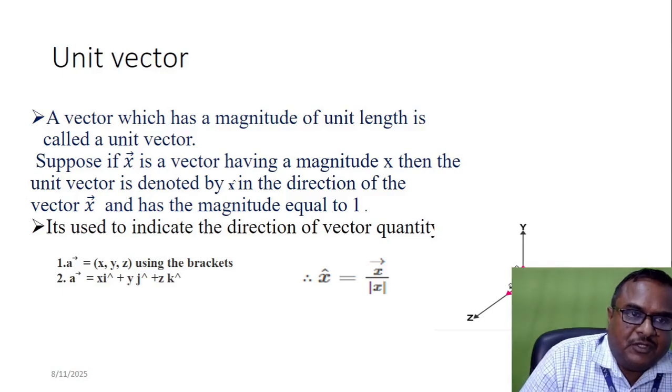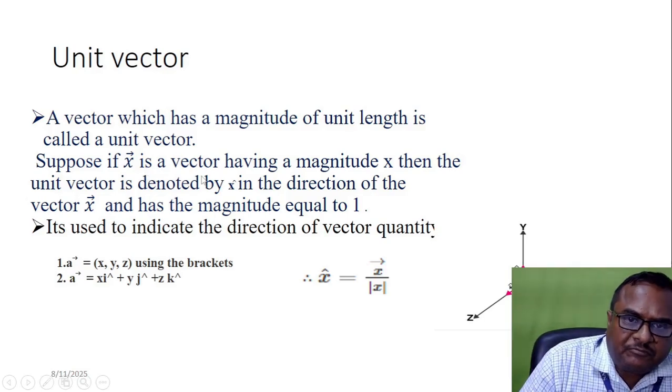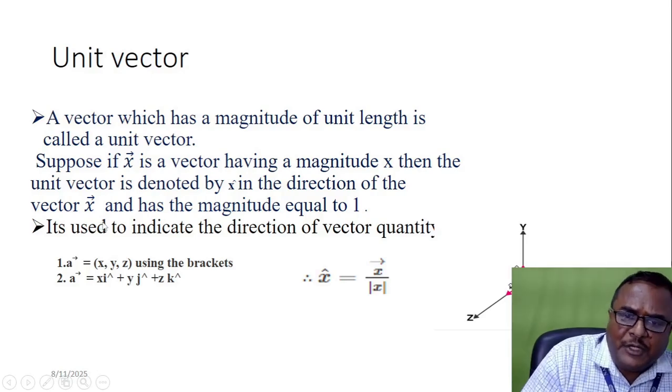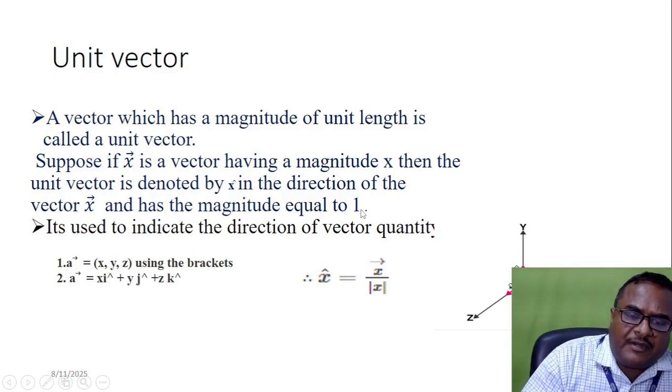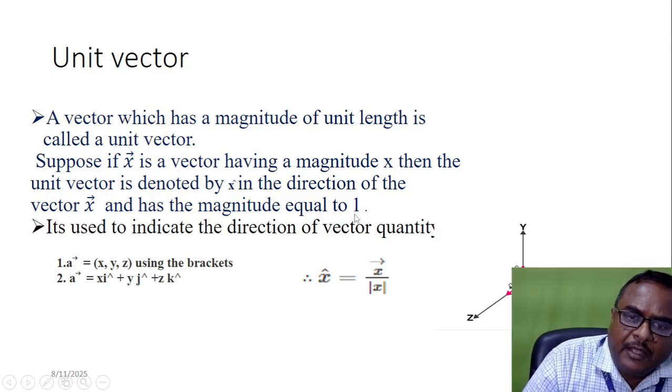A vector which has a magnitude of unit length is called a unit vector. Suppose x vector is a vector having magnitude x, then the unit vector is denoted by x cap, in the direction of the vector x vector, and has the magnitude equal to 1.